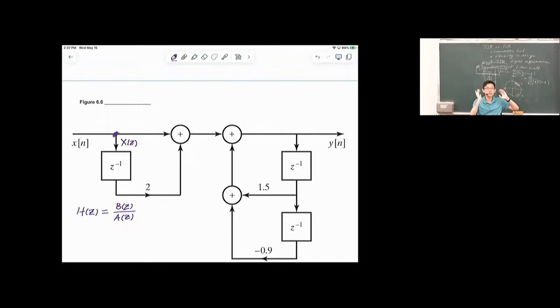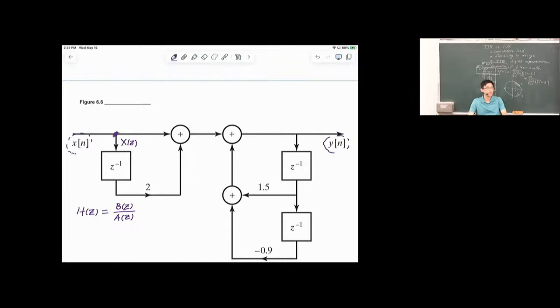For every next sample, when n increases by 1, we get the next sample. We receive one sample and produce one sample to the right.